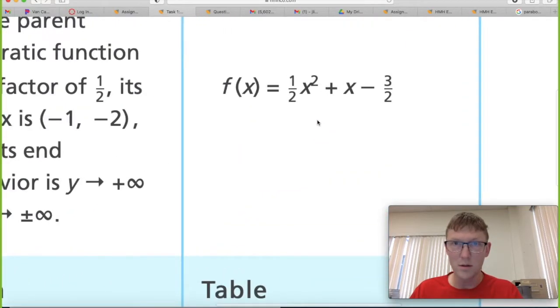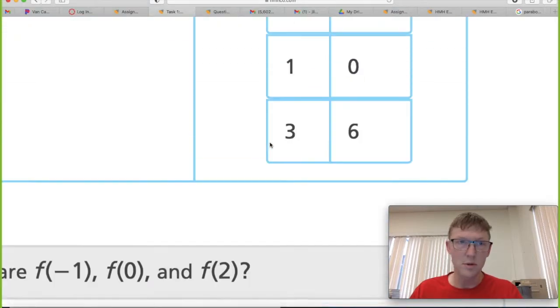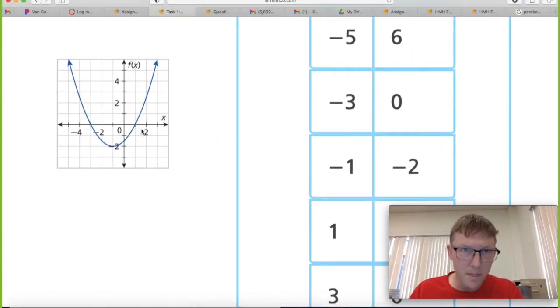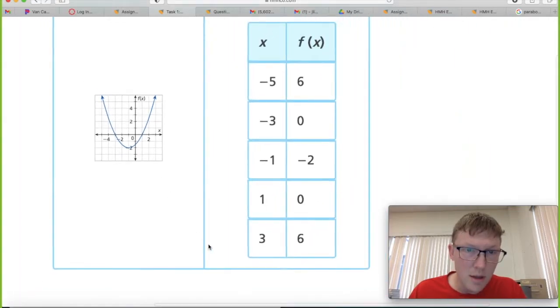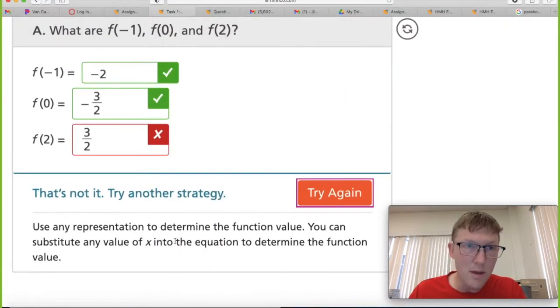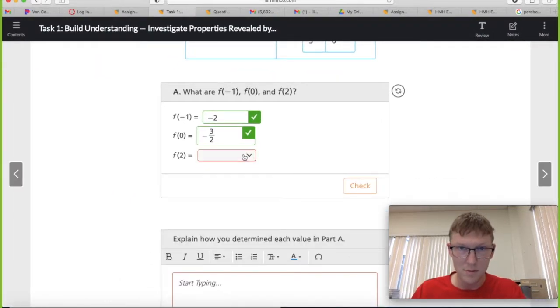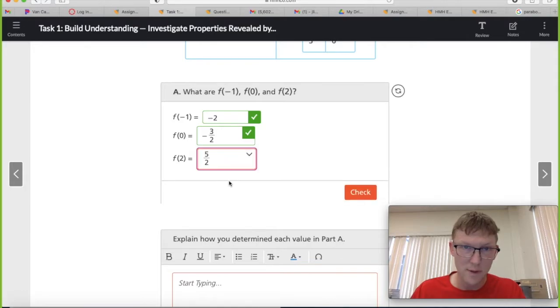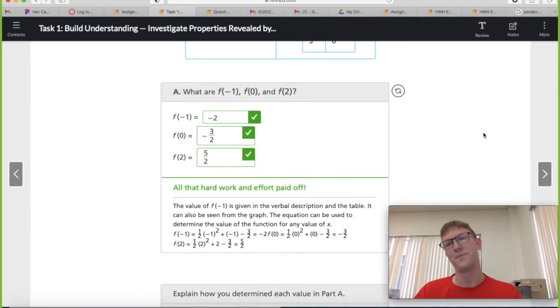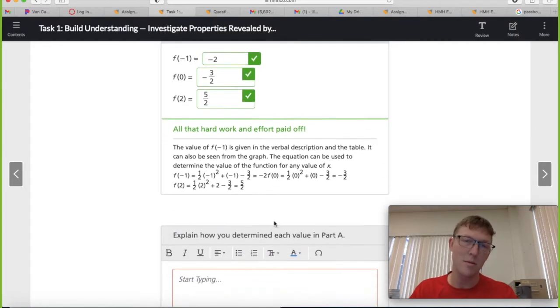Let's plug it in. Well, no, I'm looking at my graph. Halfway between 2 and 3, so that would not be 3 halves. What are my other options? That would be 5 halves. My bad. They plugged it in and did the math. That was probably the better way to go, but whatever.